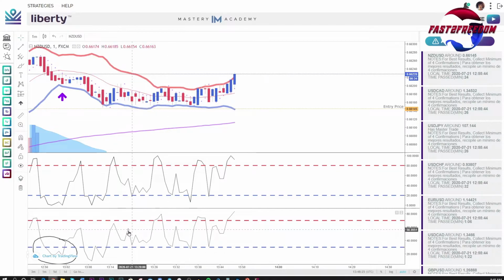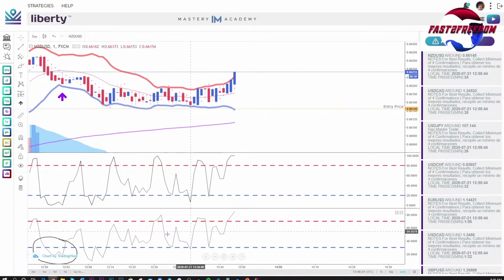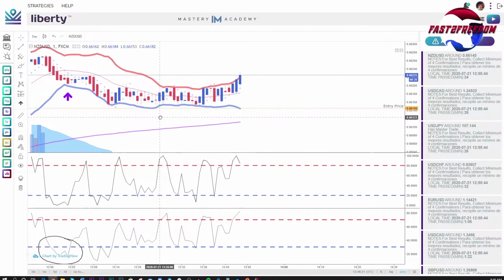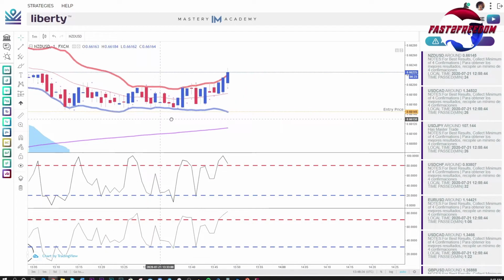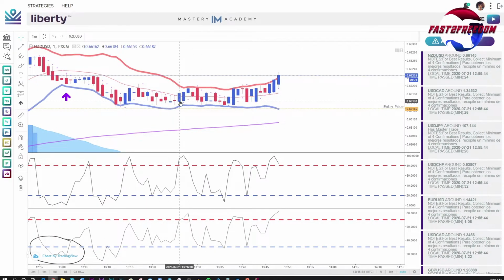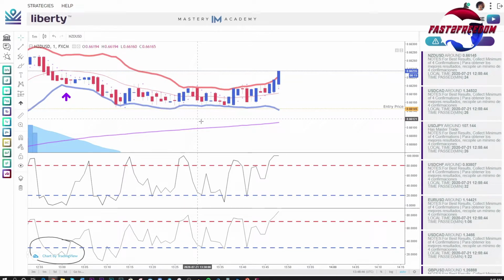So this is a nice phase to get into a trade if you're using the simple scalper. Let's zoom in real quick, and you see this candle right here. It actually touched the bottom of the Bollinger Band. When it's in consolidation phase, that's the type of movement I'm looking for to get in on a trade.